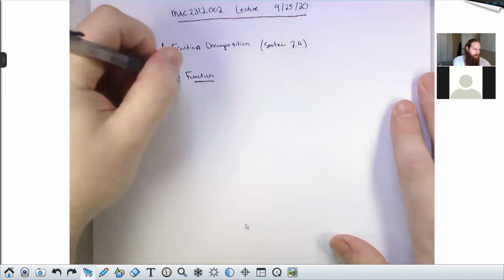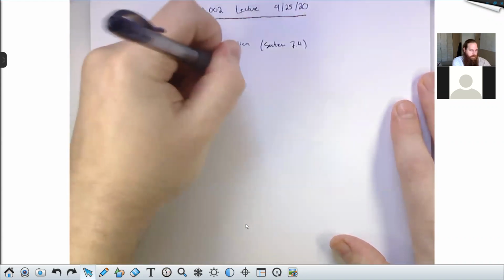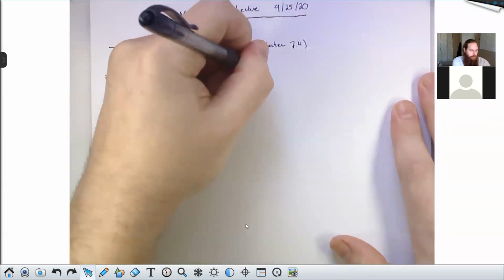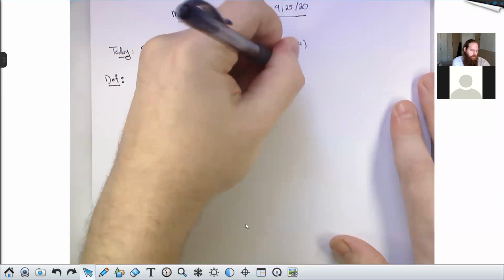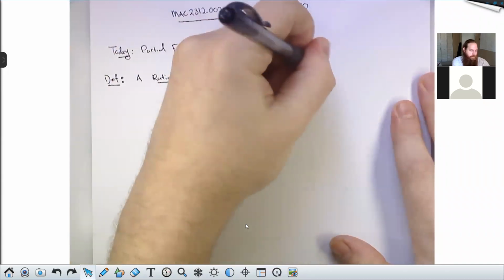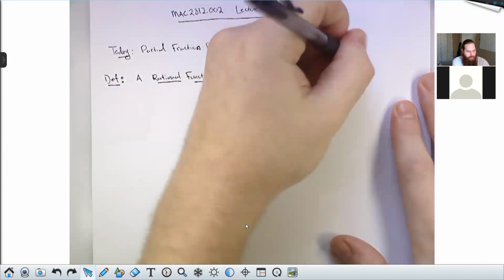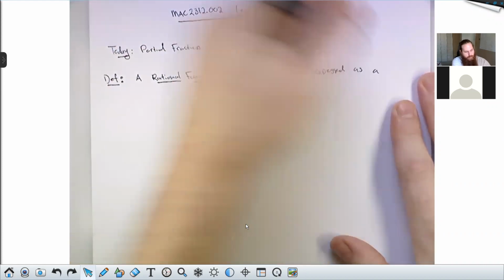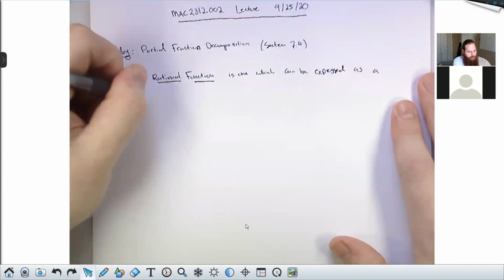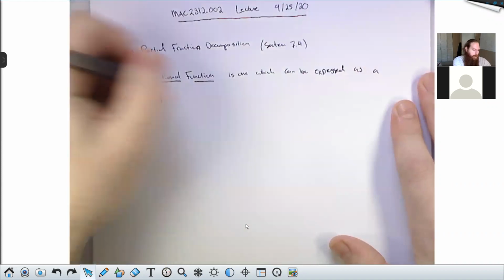So a rational function is one which can be expressed as a ratio of polynomials.